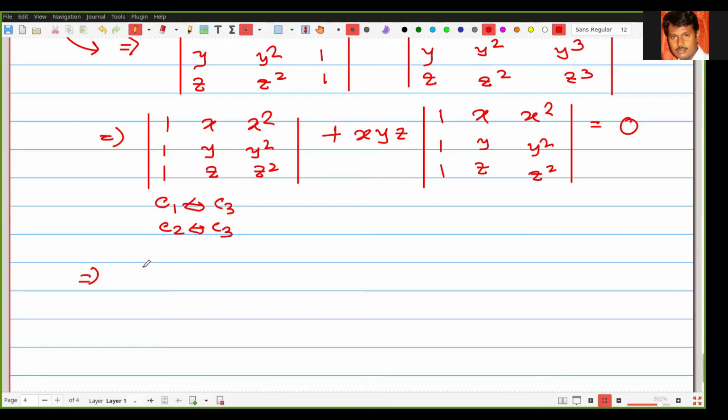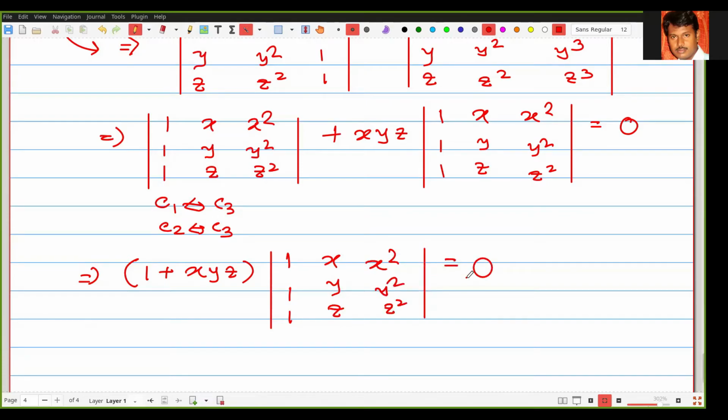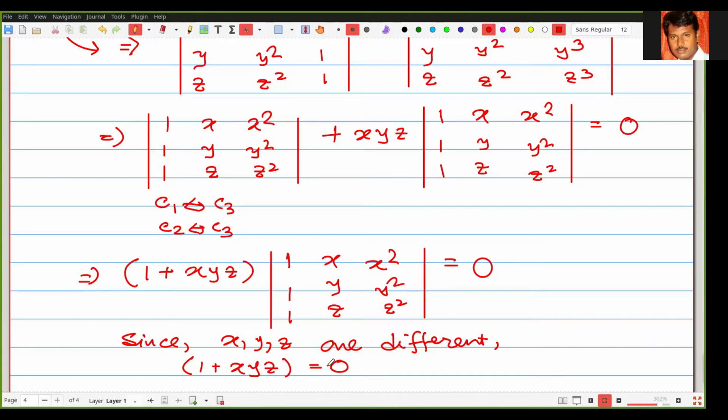So we have 1 plus X, Y, Z into 1, 1, 1, X, Y, Z, X square, Y square, Z square is equal to 0. Since we have X, Y, Z are different, so we can say 1 plus X, Y, Z also equal to 0.